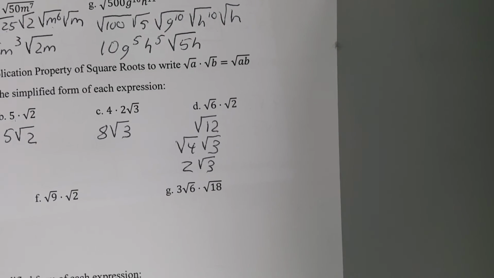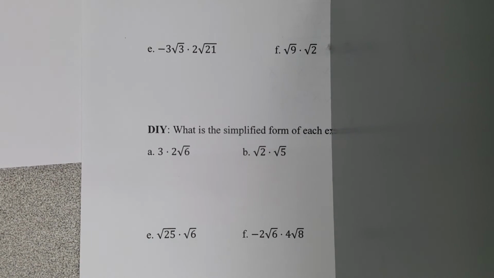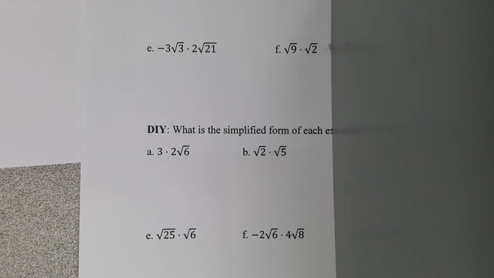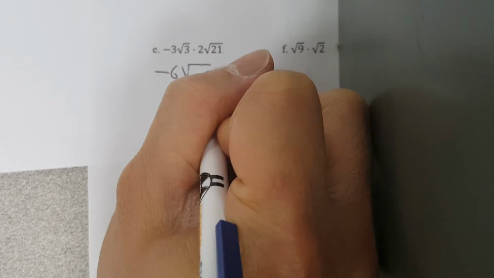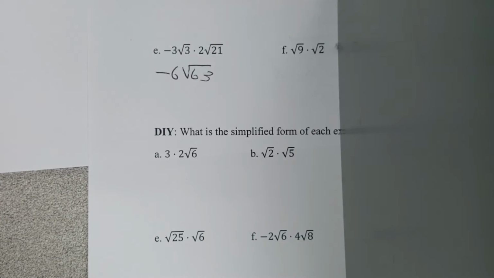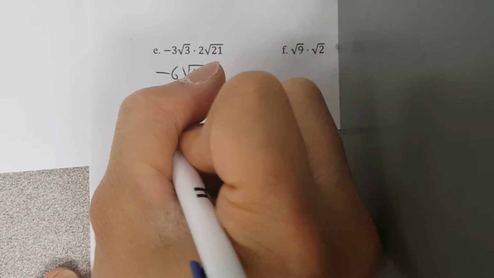And then for letter E, if I multiply this, this becomes negative 6 radical 63. And so what I do here is I find the biggest number that can go into 63, which is 9.